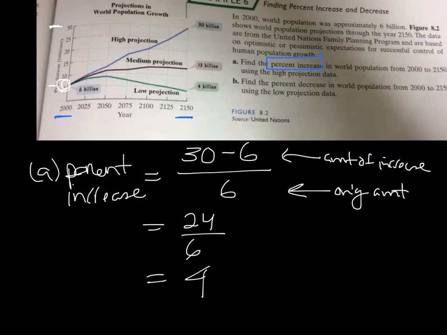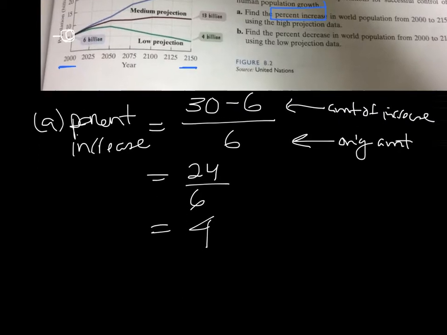But this is a percent, okay? It's not just 4, right? If we look at what's happening, well, in 2000, we had 6 billion people in the world. Well, if it was 100% increase, it would double.